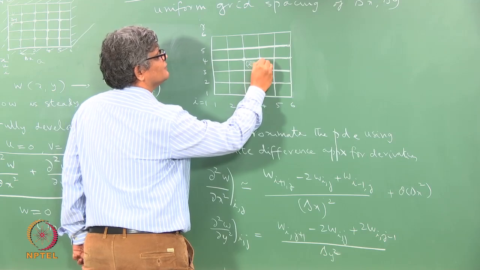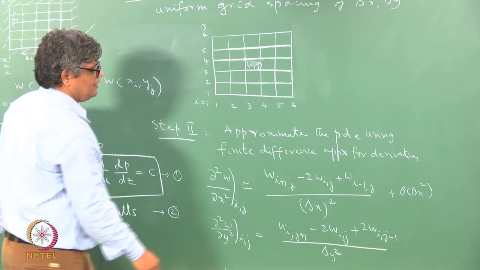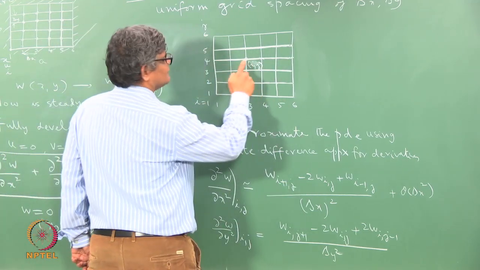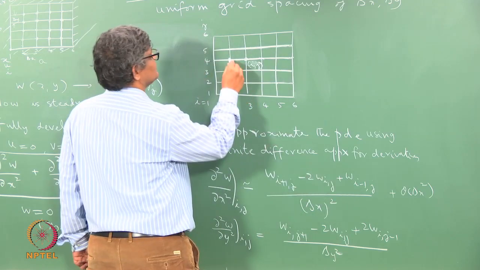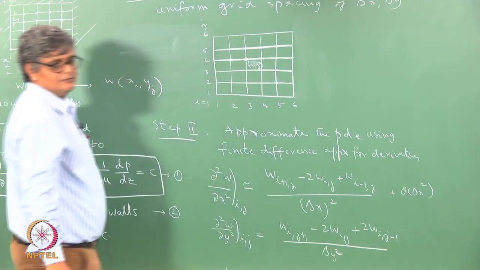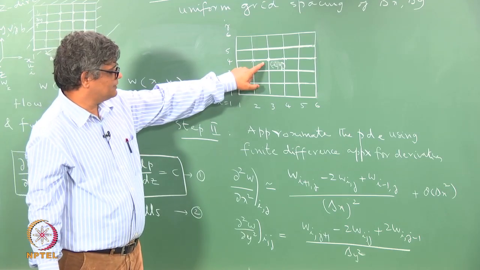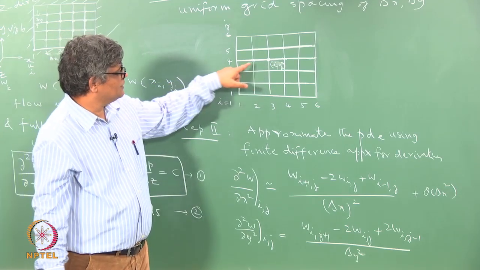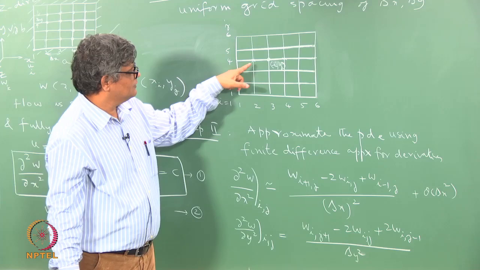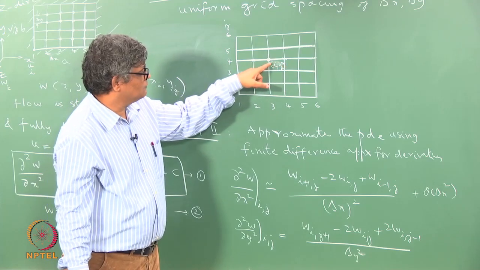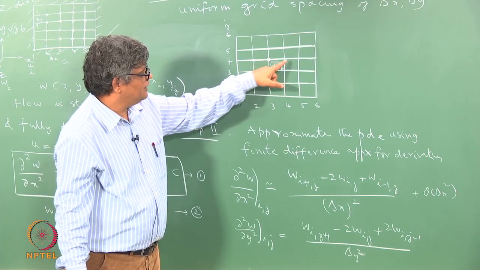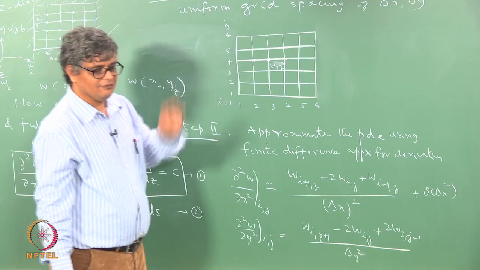So this is one point here, and W(i, j) is this, and then W(i-1, j) is this. So the derivative is expressed in terms of finite differences involving the point itself and the point to the right and the point to the left.